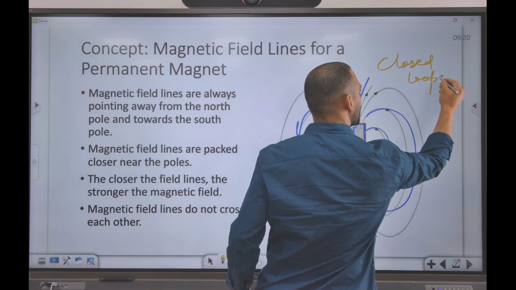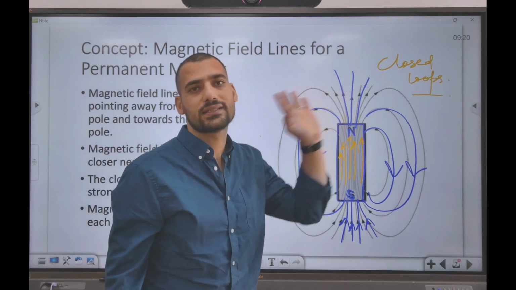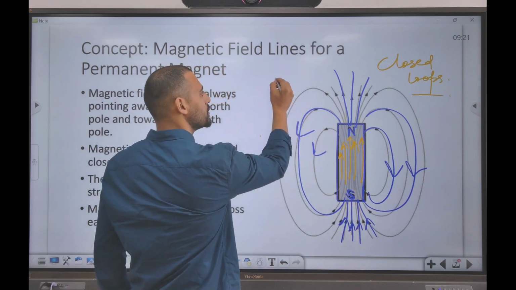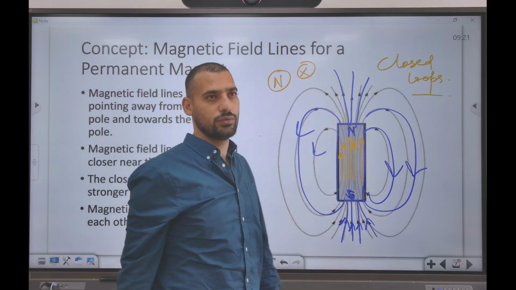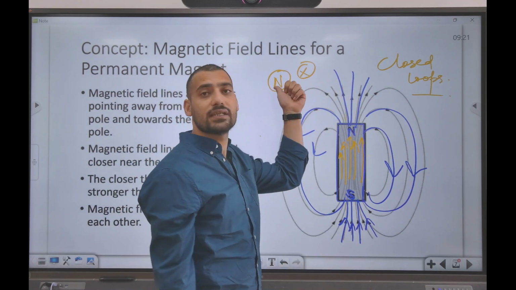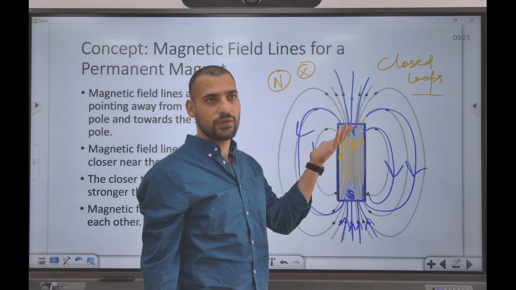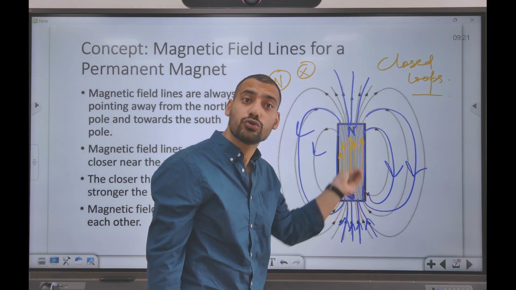Closed loops confirm the fact that a magnetic monopole cannot exist. What is a magnetic monopole? For example, someone tells you there is a north pole. It's not possible to have an isolated north pole, because whenever there is north, there will always be its south. Is that fine? What is the reason? The reason is these magnetic field lines are closed.